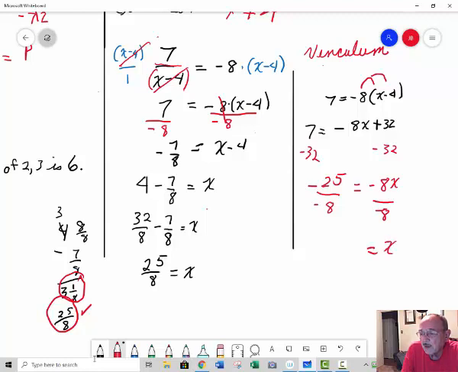But here, I've got a negative divided by negative, which is a positive. You're done with it. Don't worry about the signs anymore. And our answer will be 25 over 8, exactly the same thing I had here. Either way is acceptable. Which way do you understand the best? It's entirely up to you. It doesn't make any difference to me.